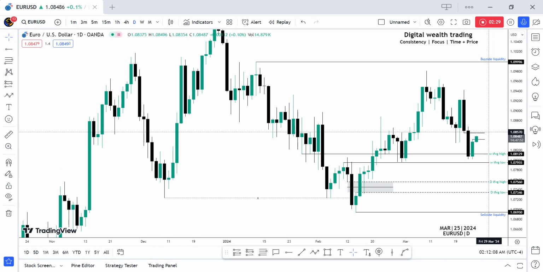I don't know if you understand what I'm trying to say: what if Tuesday delivers price higher, leaves this day, and makes it an inversion fair value gap.